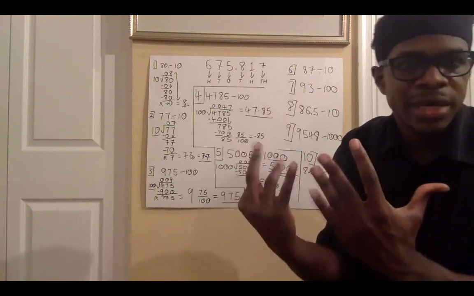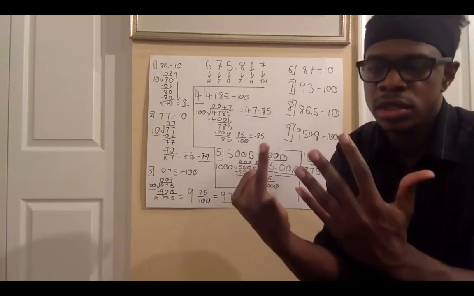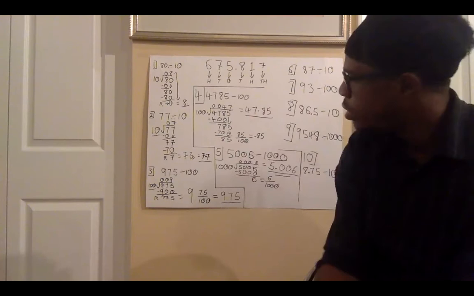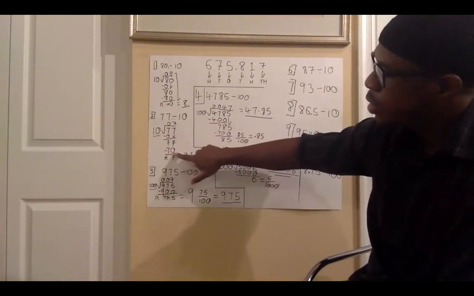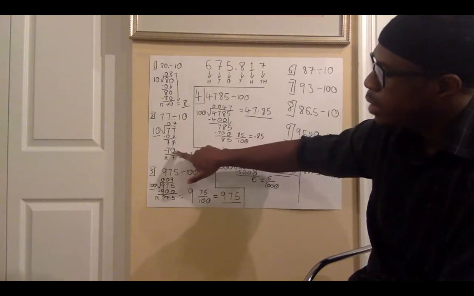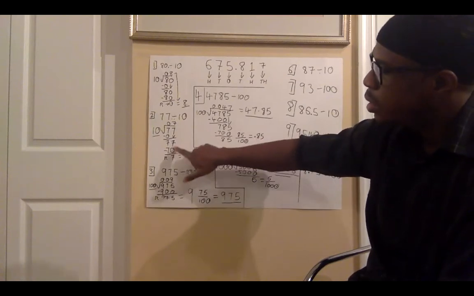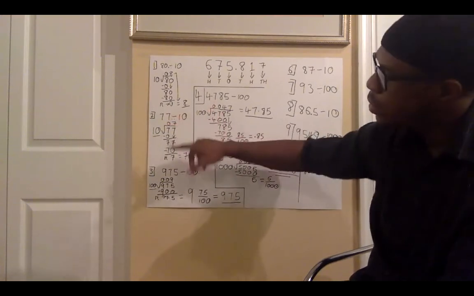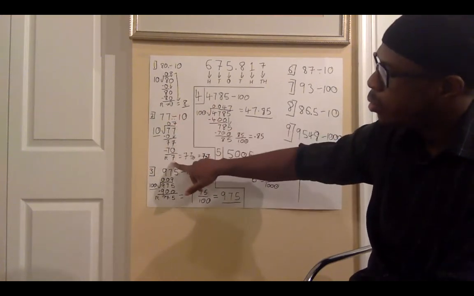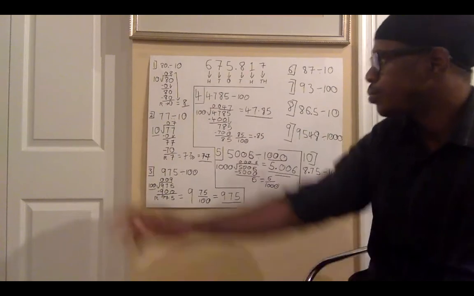If I go another time, I get to 80, which is too high. So 10 can go into 77 7 times. Put the 7 on top. 7 times 10 is 70. 77 minus 70 is going to give me just 7. Can I take anything else down? No. My answer is 7 with a remainder of 7.